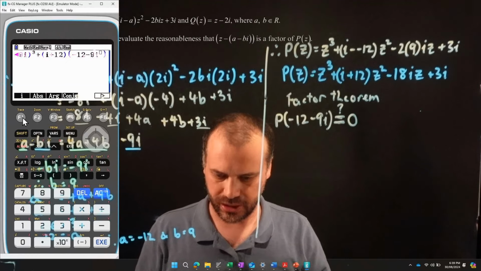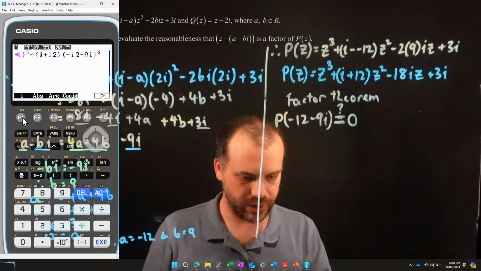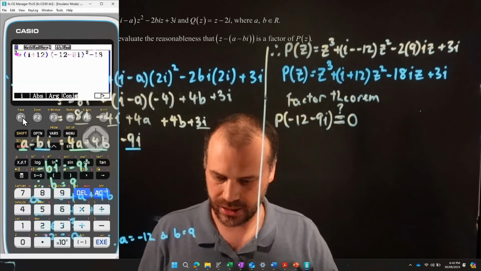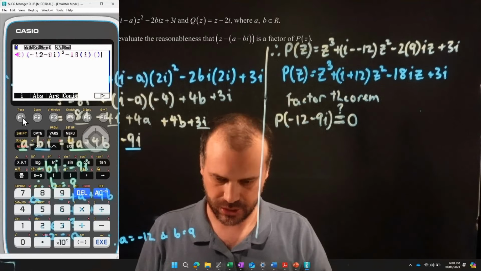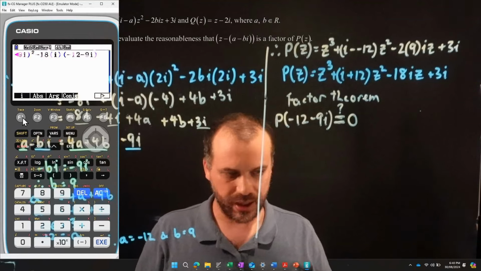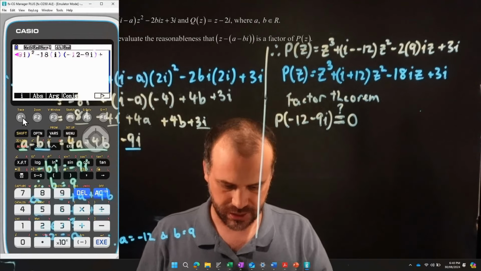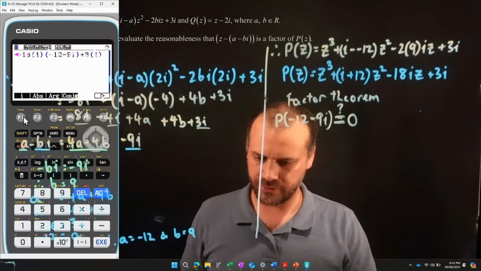Be careful, negative 9i squared. And then what else? Negative 18 times i times negative 12, negative 9i. And I think I'm nearly done. Plus 3i. Now let's press enter on that, moment of truth.